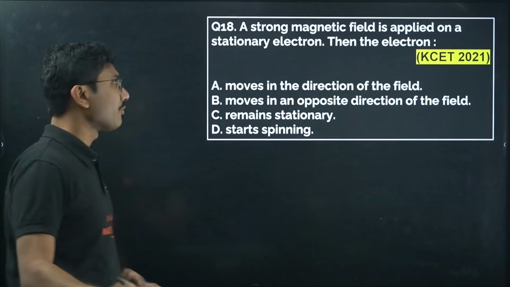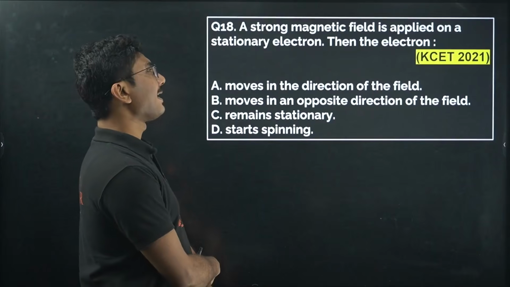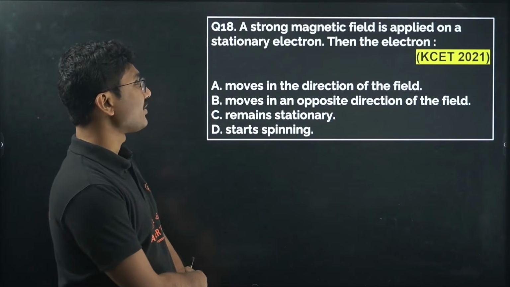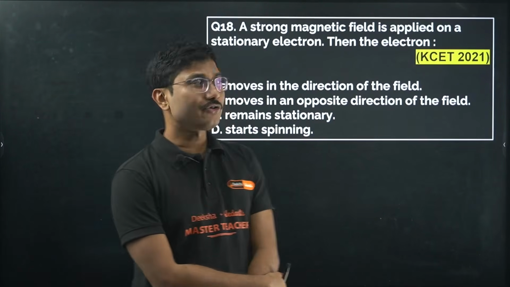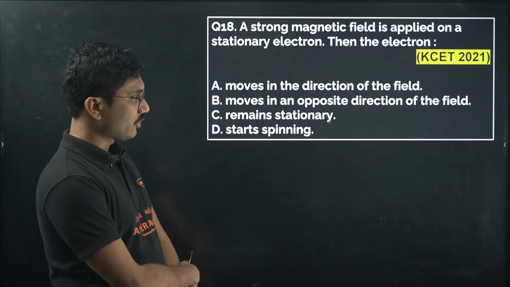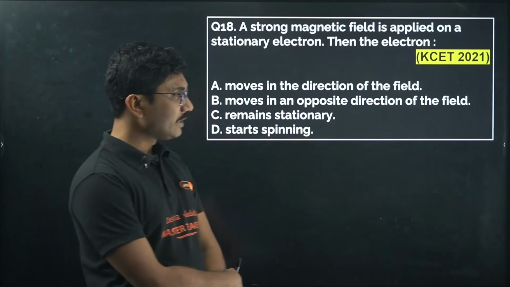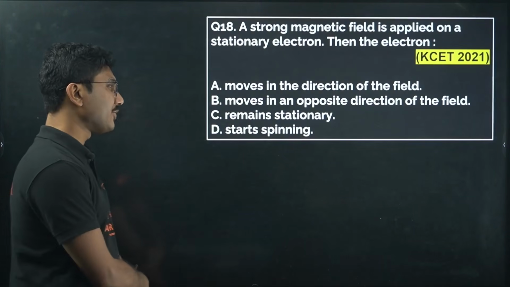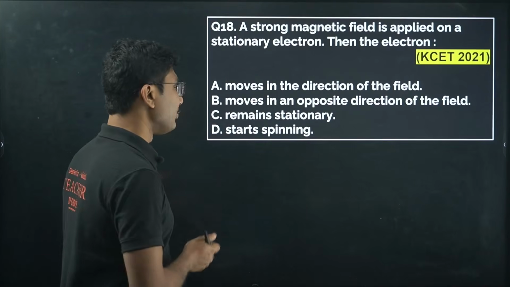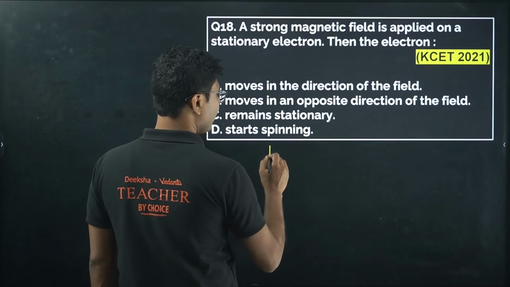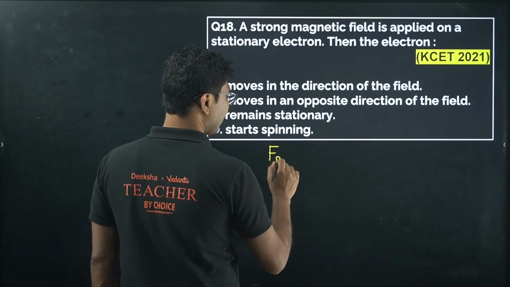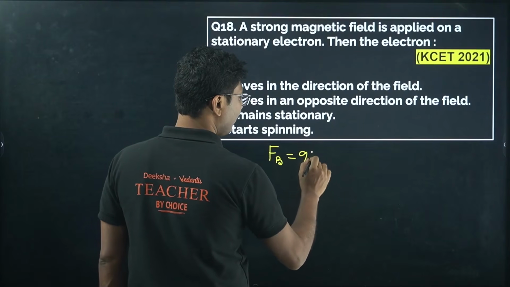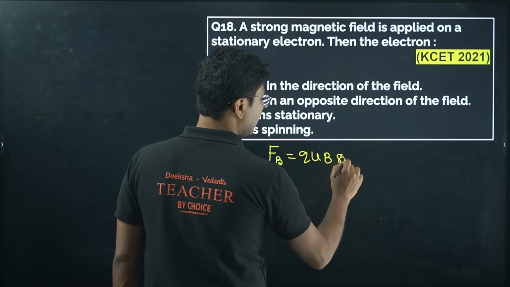Now let's see one question. A strong magnetic field is applied on a stationary electron. Then the electron will move in the direction of the field, move in the opposite direction of the field, remain stationary, or start spinning. We have learned that the magnetic force acting on a charge is given by QVB sine theta.